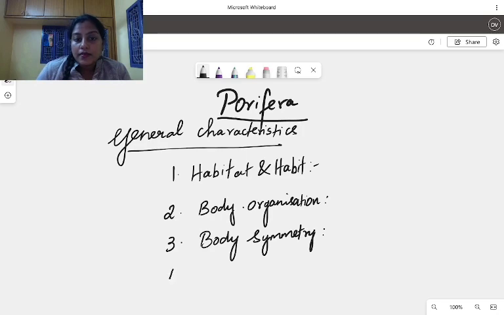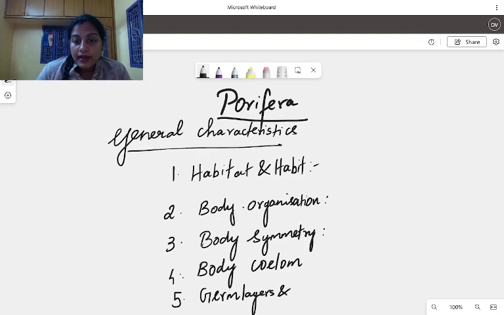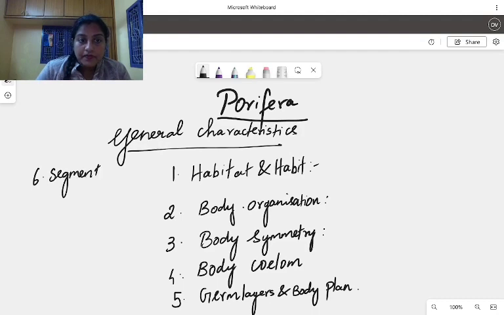Then what about body coelom? Then the fifth one, the germ layers, what about their germ layers and body plan? And then the sixth one, let me write it here: segmentation. So when you talk about these characters, these are the general characteristics of the phylum Porifera.